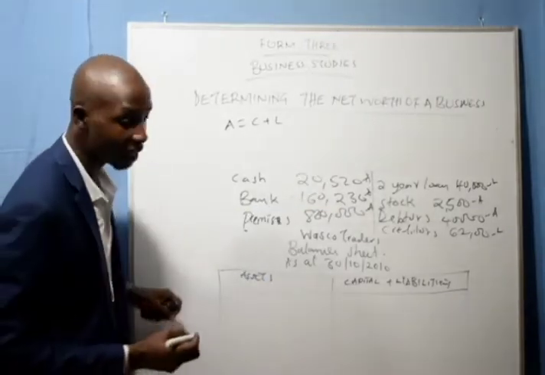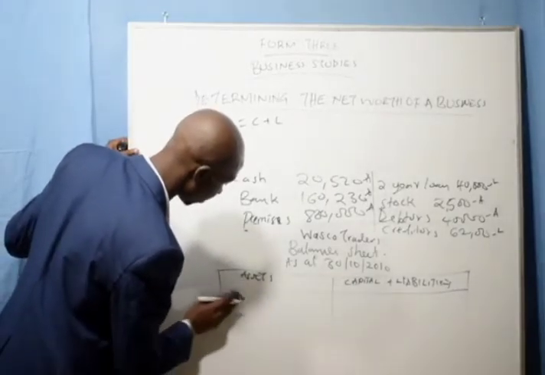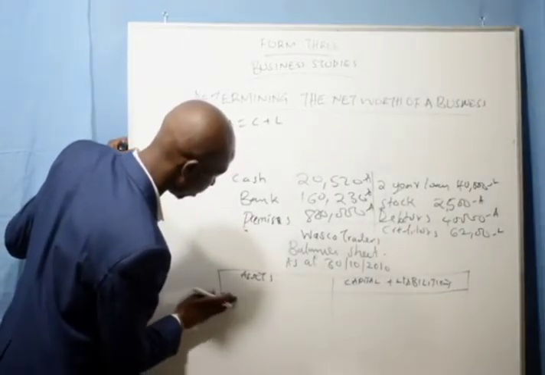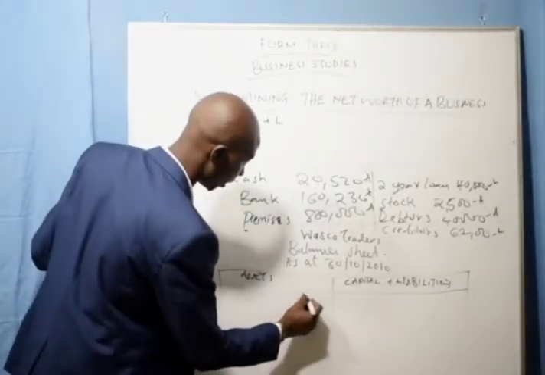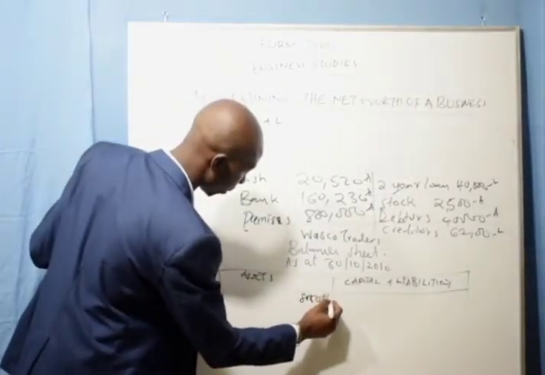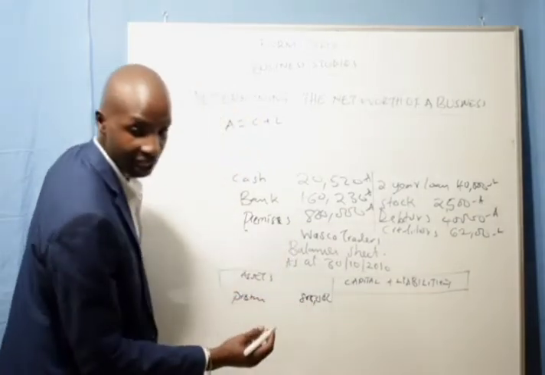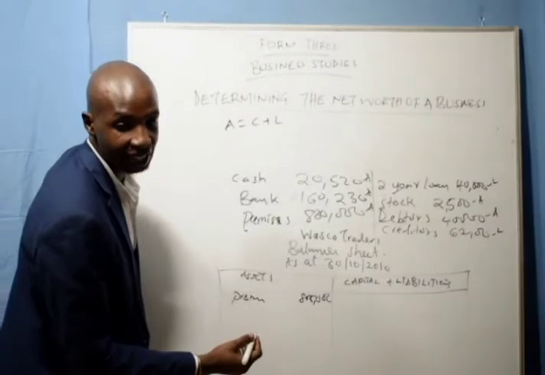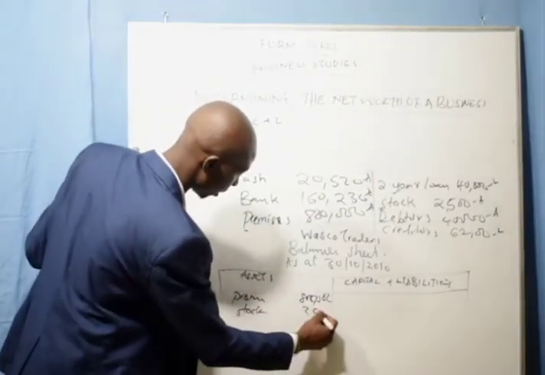We are going to have 800,000 for premises, according to the order of fixed, how fixed it is or how current it is. And then I'm going to have the current assets, which is stock, which is 2,500.